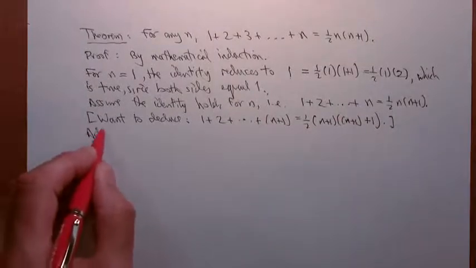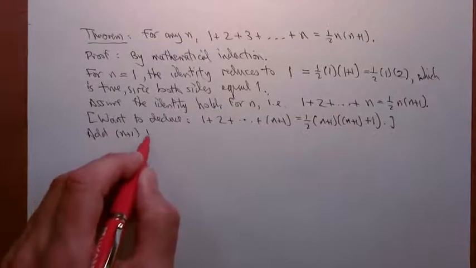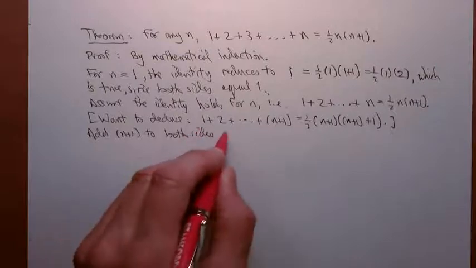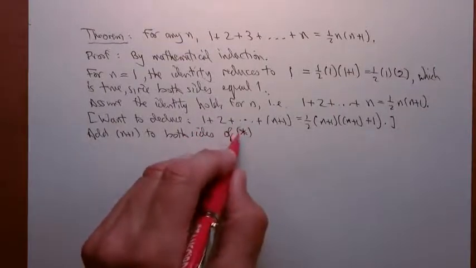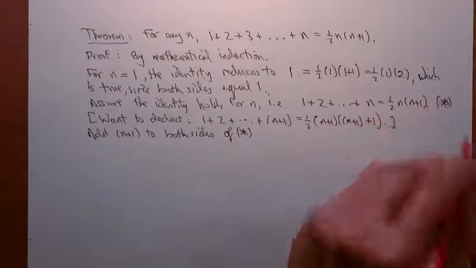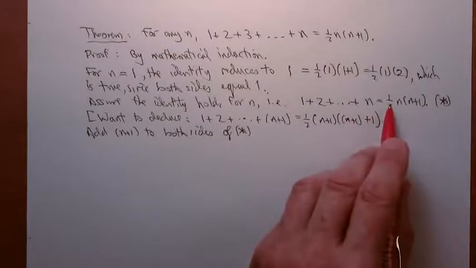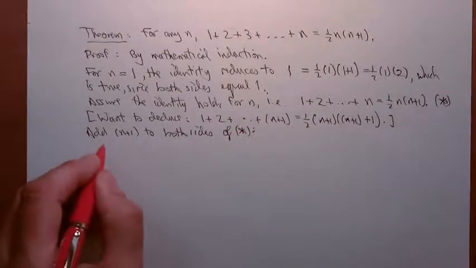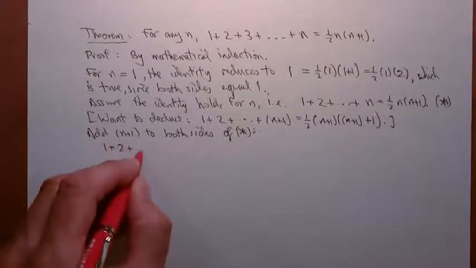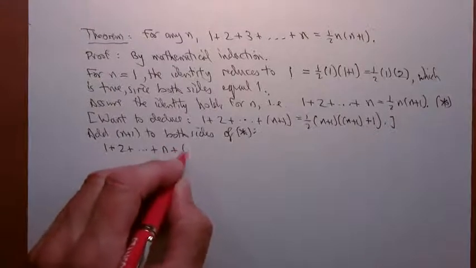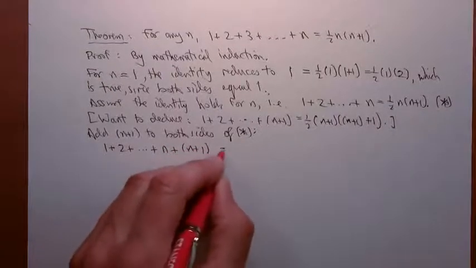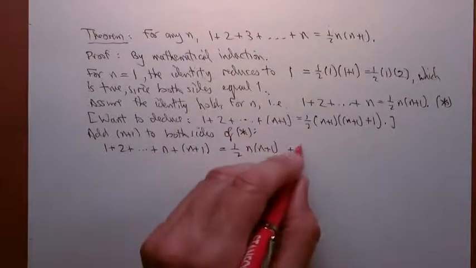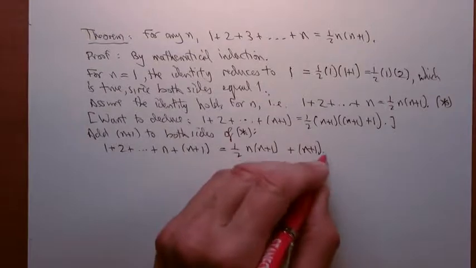Okay, so let's add n plus 1 to both sides of, let me call it star. So star is the identity I'm assuming. Let me add n plus 1 to both sides of that. That gives me 1 plus 2 plus ... plus n plus 1 is a half n times n plus 1 plus n plus 1.